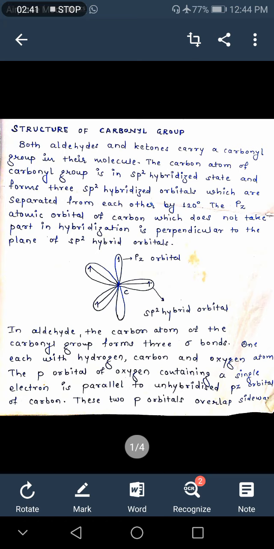In the same manner, oxygen with atomic number 8 shows the electronic configuration 1s2, 2s2, 2px2, 2py1, 2pz1. In that condition, the oxygen undergoes sp2 hybridization in the ground state only.